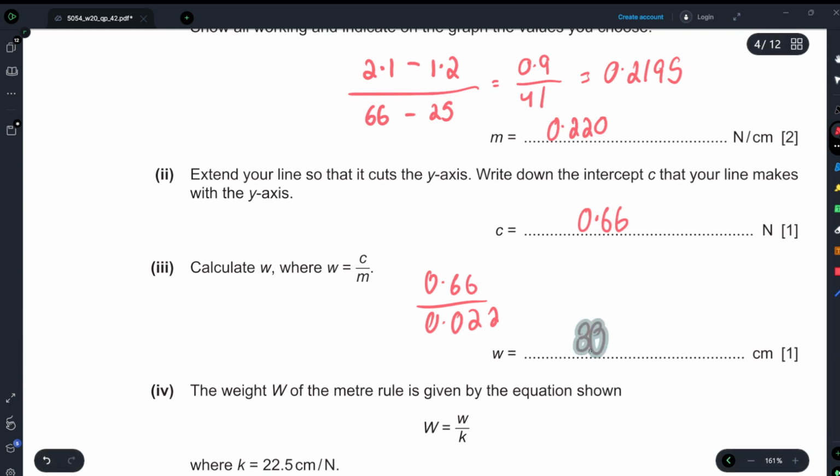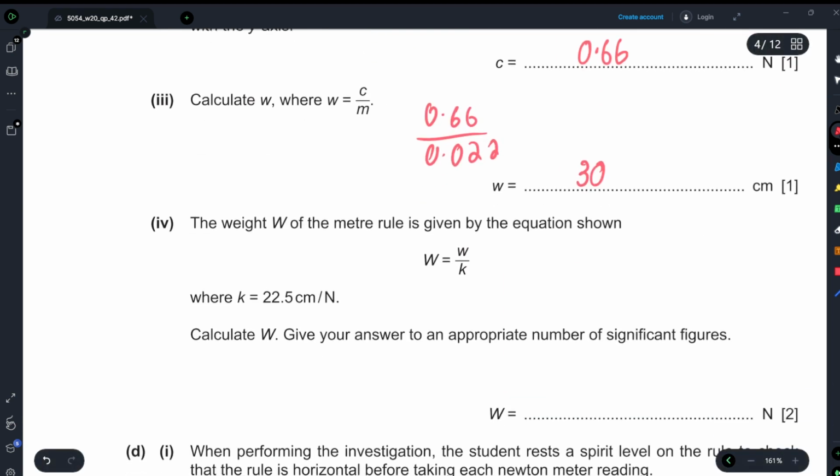Again, you should figure it out once with the calculator, but 66 divided by 22 is 3, of course. And then you add one more decimal place because there are 3 decimal places in the denominator and only 2 in the numerator. The weight W of the meter rule is given by the equation W is equal to m upon K, where K is equal to 22.5.